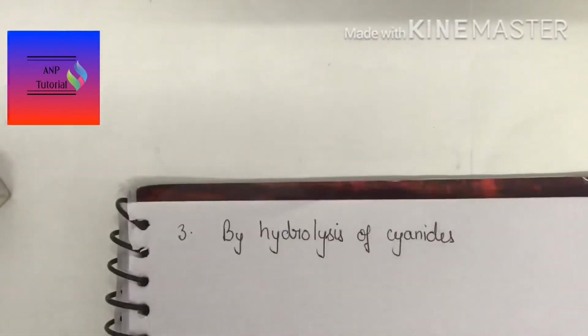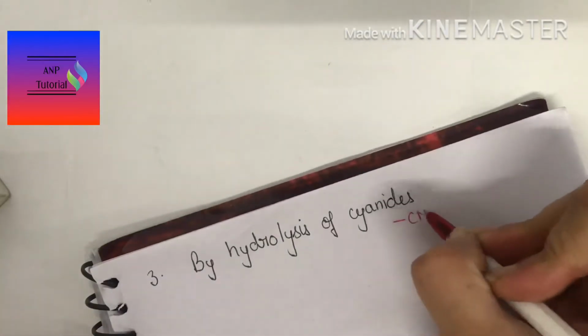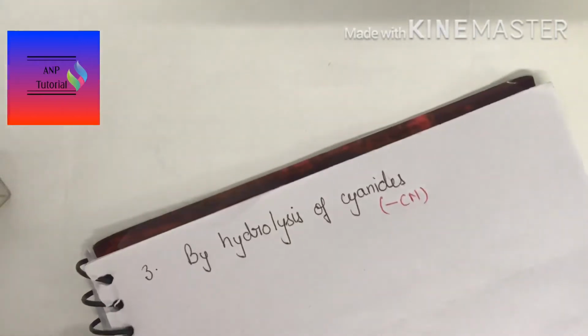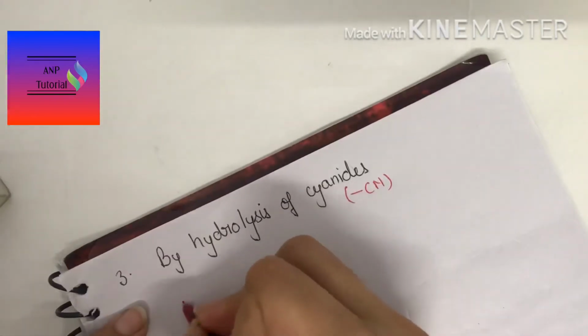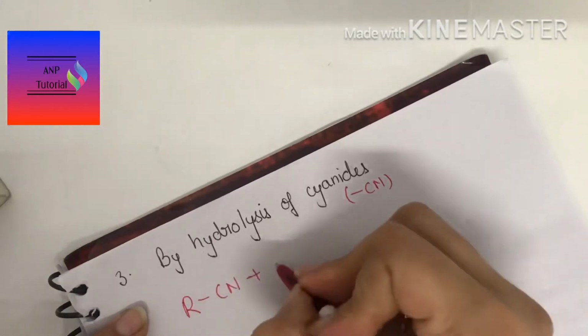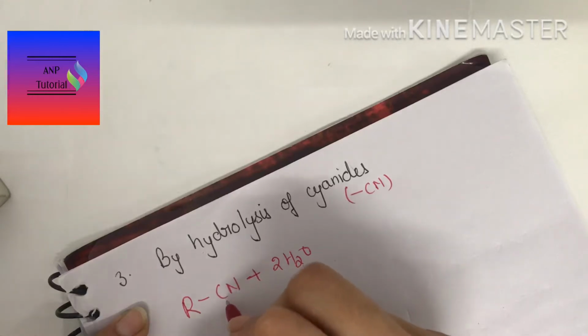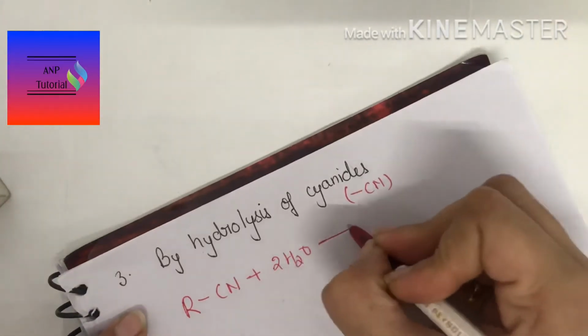Another method I am taking is hydrolysis of cyanides. Cyanides, you know what? The CN group is directly attached to the alkyl group, like an RCN group. Hydrolysis is what? H2O. Hydrolysis of the C triple bond N will happen. What will happen?